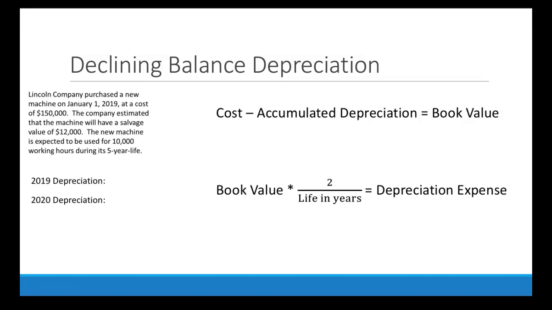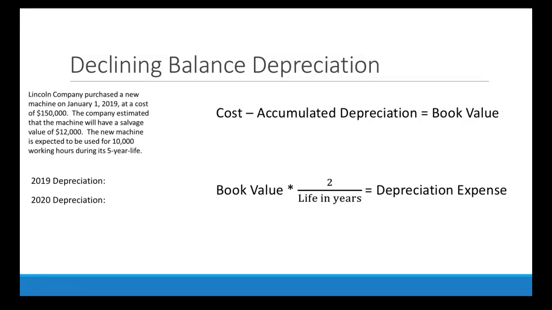So if we take a look at 2019, we need to figure out cost minus accumulated depreciation first. Well, cost, it's still that 150. That part doesn't change, right? So we can start there in our book value equation. $150,000 is our cost.